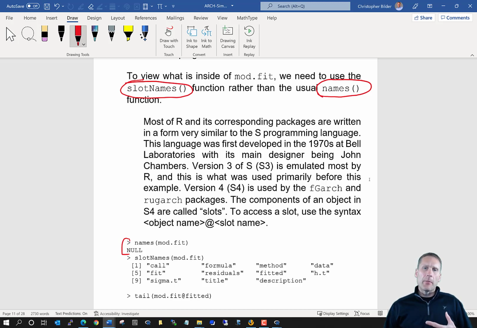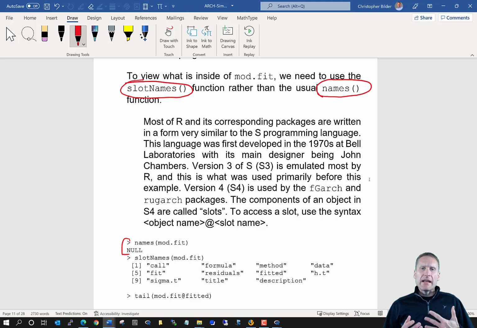And this particular package here, fGarch, was written using the syntax associated with S version 4 that's built into R as well.